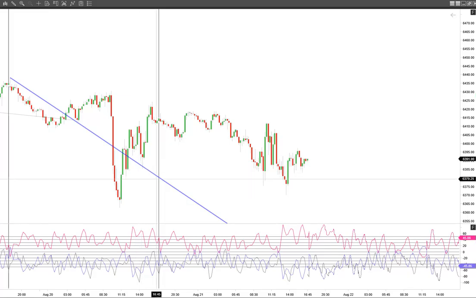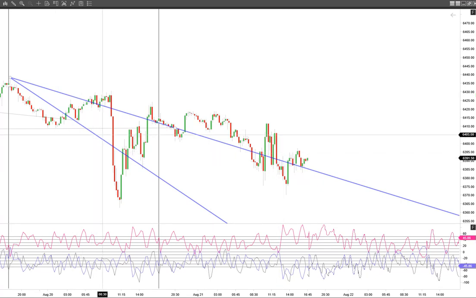Let's go to the next level down utilizing the same information. This would be the equivalent of the 1x4, and that's the upper angle. The one that I just added here, you can see what happened there. We did breach, and then it became support and got a couple of good support bumps to the upside off of that.